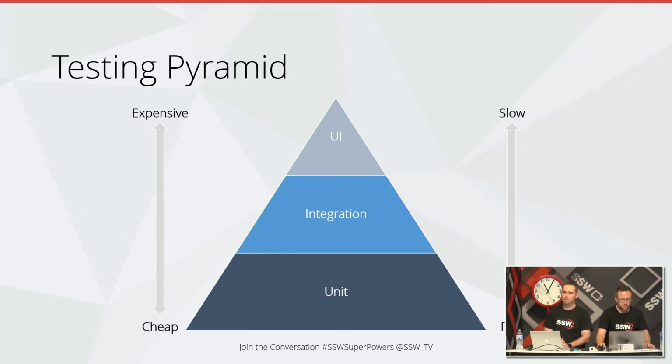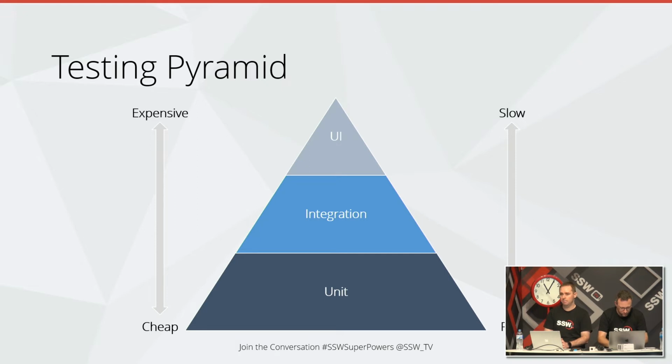But essentially the essence of this pyramid is that the lower down the pyramid it is, the faster and cheaper these tests will be to create, and the higher up, the slower and more expensive and potentially more brittle these tests will be. So the idea is to focus your efforts on those tests that are fast and cheap to create. If you can unit test something, that's where you should be focusing your efforts.